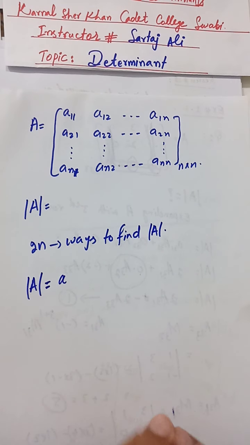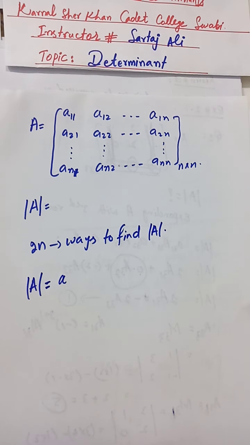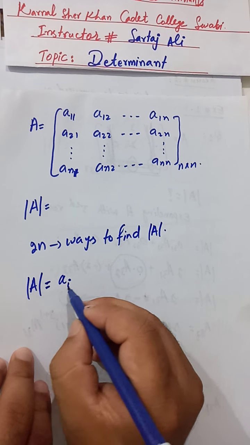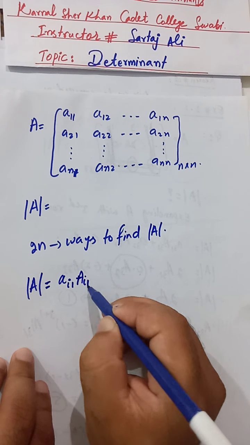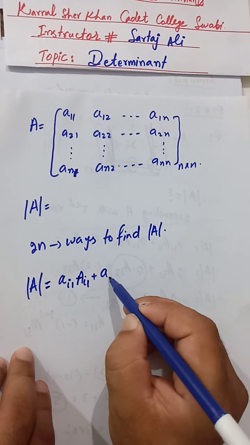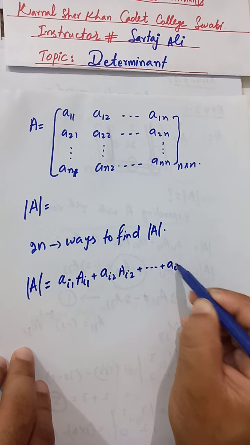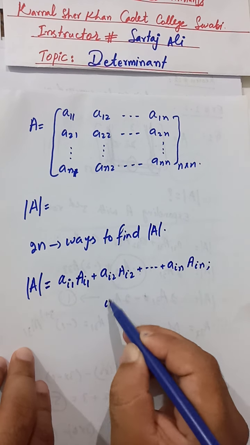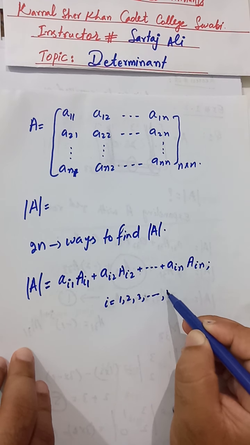for any row, let's say you are interested in the first row, or you are interested in the first column. So for any row, you will write small a i1, capital A i1, plus small a i2, capital A i2, and so on up to small a in, capital A in, and i runs from 1, 2, 3 up to n.